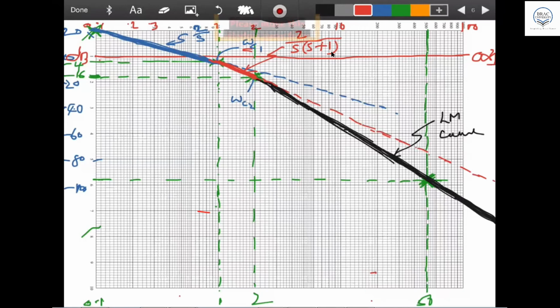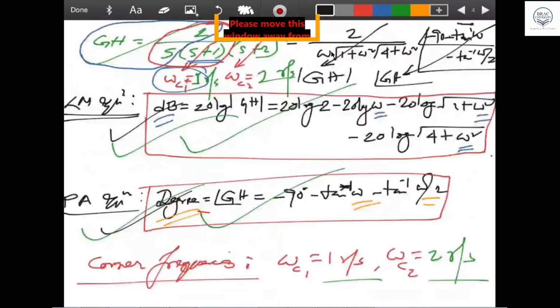And the black one is coming after the second corner frequency, omega c2. And the second corner frequency is coming from where? It's coming from the s plus 2. The whole thing together gives you 2 by s into s plus 1, s plus 2.